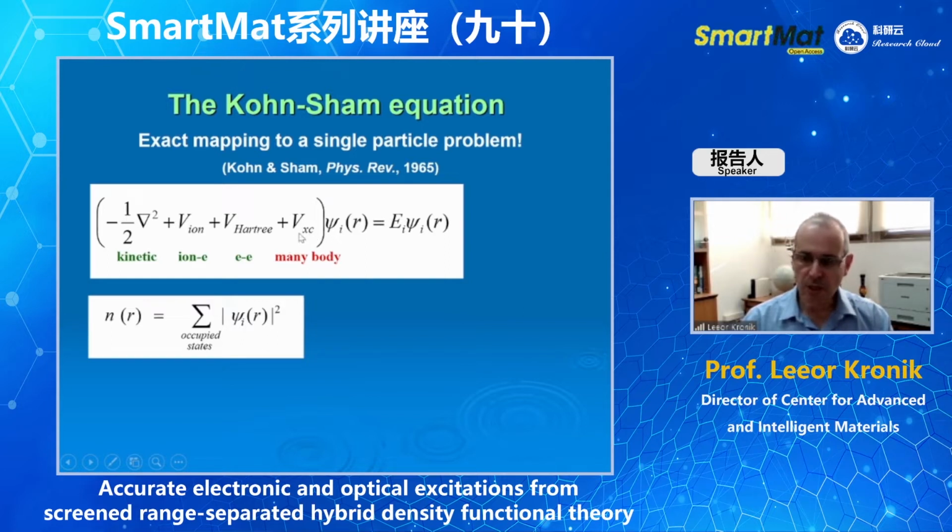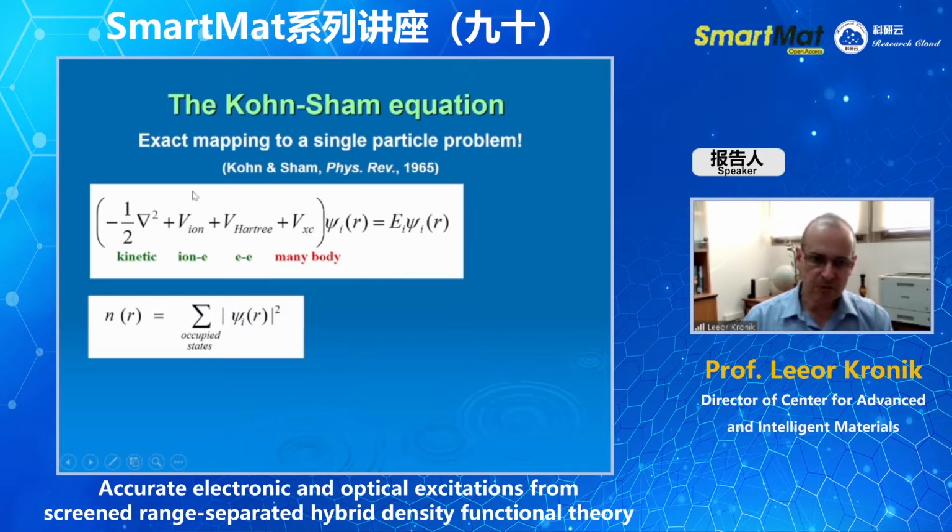And it's called that way because exchange really means enforcing anti-symmetrization of the wave function or enforcing Pauli's exclusion principle. And correlation means how the motion of various electrons is connected to the motion of other electrons beyond just the need to obey Pauli exclusion.